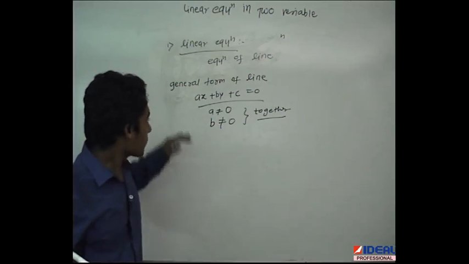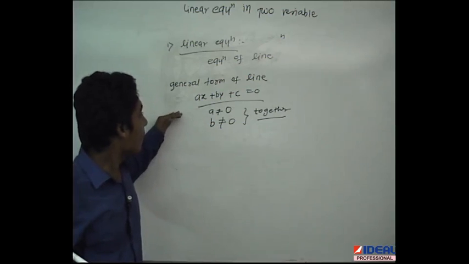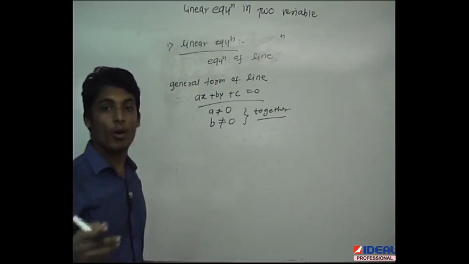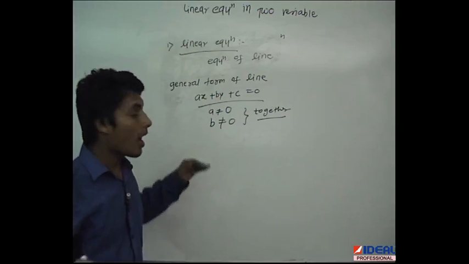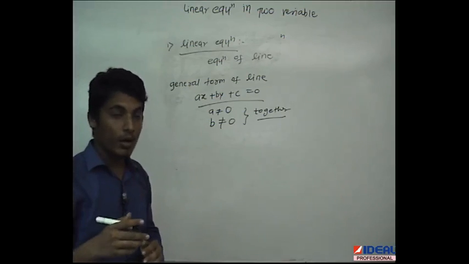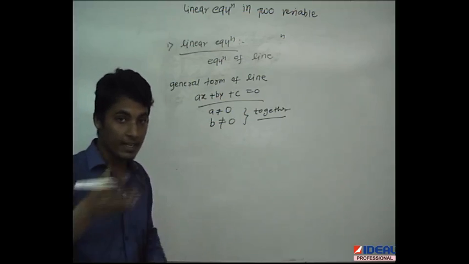So how to find a point on a line, if the equation of the line is given?